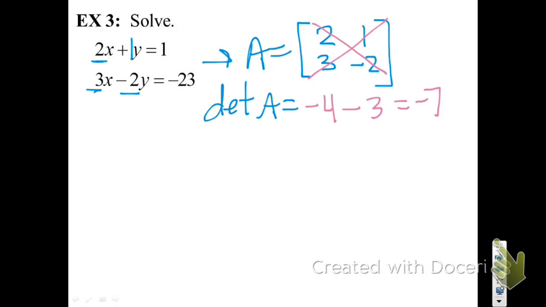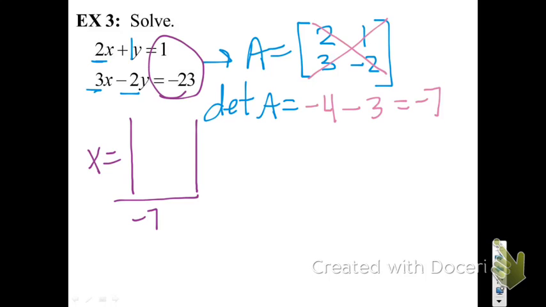Then to find what x equals, we set up this matrix here, and we're going to divide it by the determinant of A, which is negative 7. So inside our matrix, because we are solving for x, we're going to replace the x column with these two numbers. So we have 1, negative 23, and then this other column stays the same with 1 and negative 2.